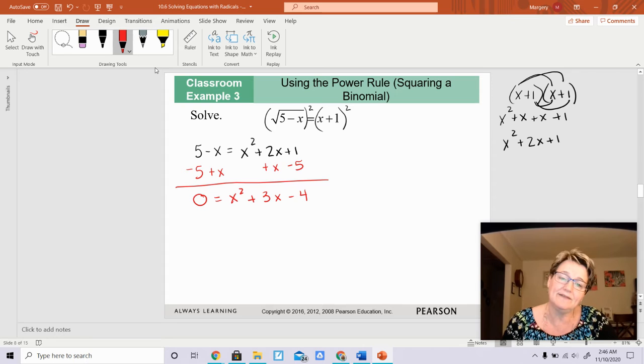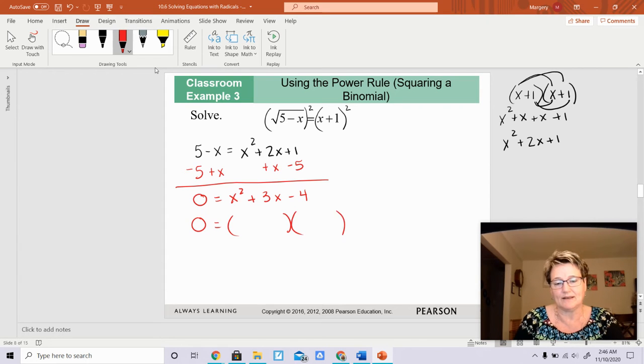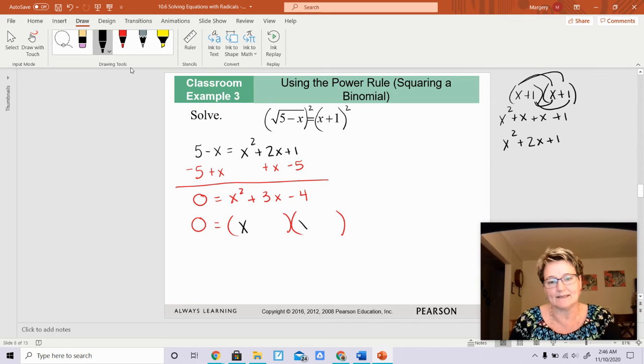So now, because of this, this tells me that I can actually solve for x by using factoring that we factored before. We can factor this because it's got a 1 here. So I got 0 equals something times something. The only way to get x squared is x times x.